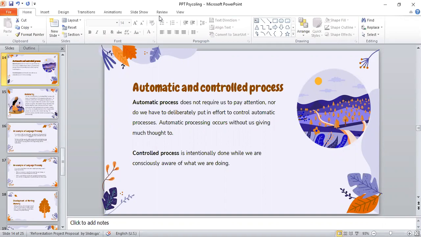Some other examples of controlled processing include the first time a person drives a car, writing a letter to a friend, and answering interview questions.